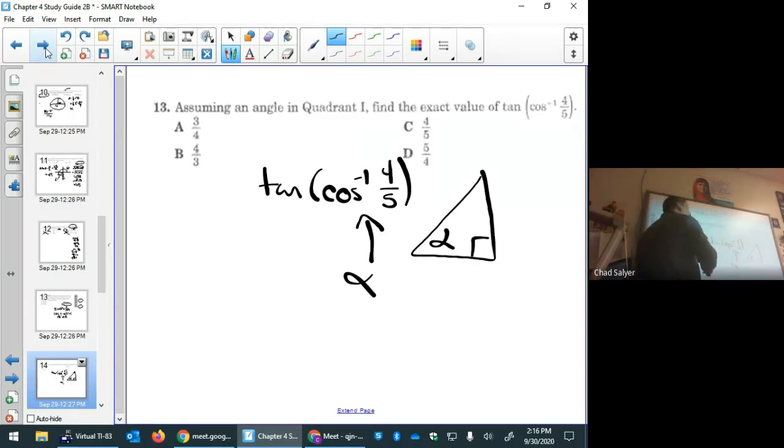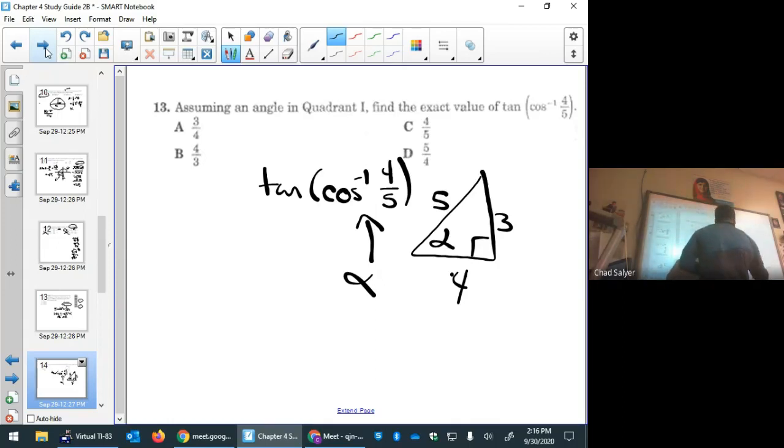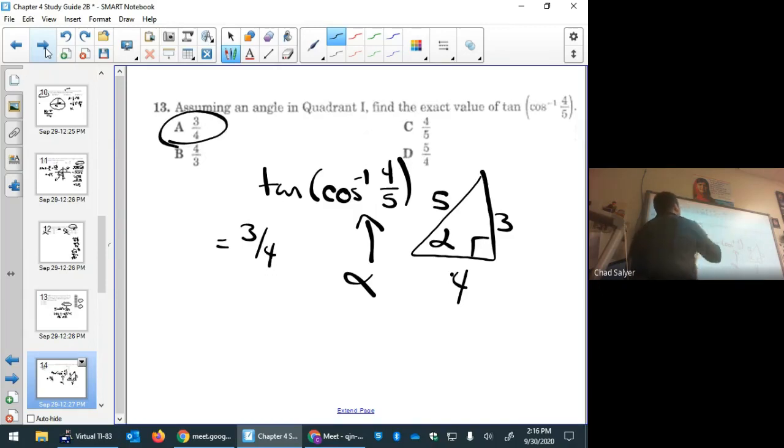We also know its cosine ratio, in other words, adjacent to hypotenuse, is 4/5. And because of that, I also know this is 3. Remember the Pythagorean triple, 3, 4, 5. I don't even need to work that one out to know that's a 3. So the tangent of alpha is going to be the opposite over the adjacent, which is 3/4. A is in alpha in this case.